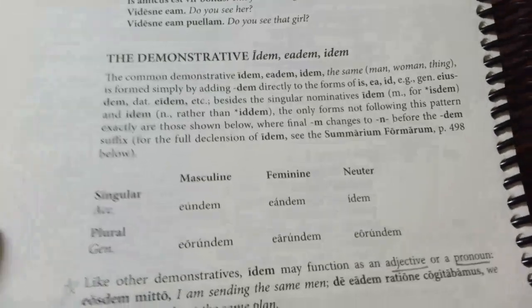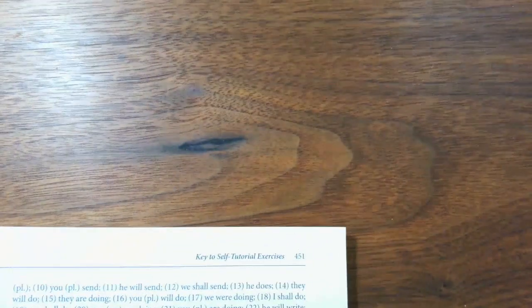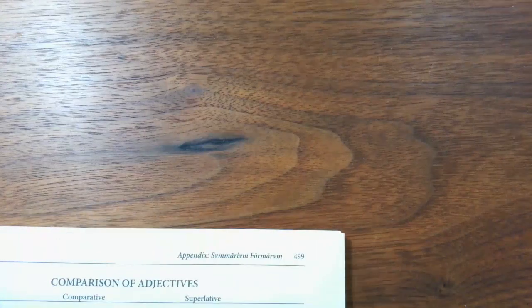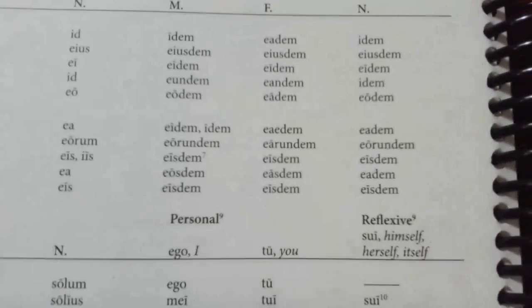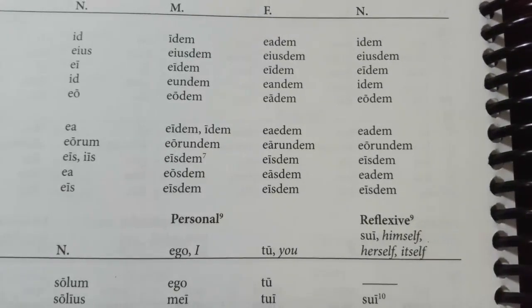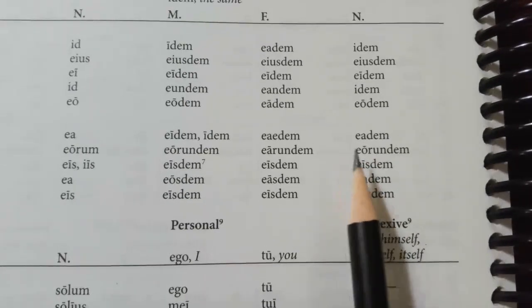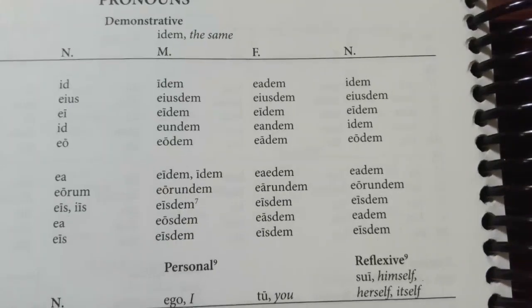Let's go look at page 498. All right, here we go. All right, so everything is as you would expect, just like the chart for is, ea, id that we've memorized.